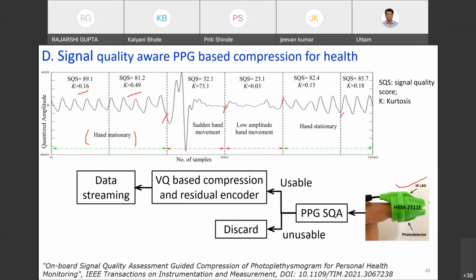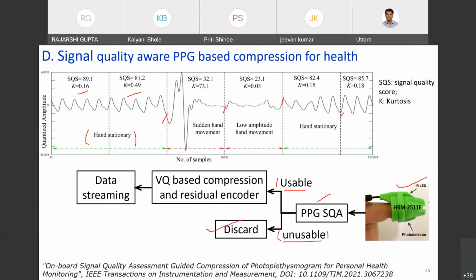So the basic flow was that we will collect the data from the PPG. Then we will make a binary classifier to tag it as usable or unusable. So if we get an unusable signal, then we will simply discard it, just throw it away.